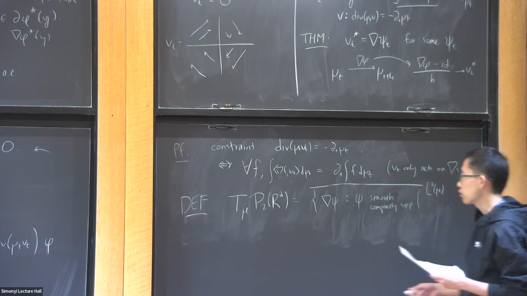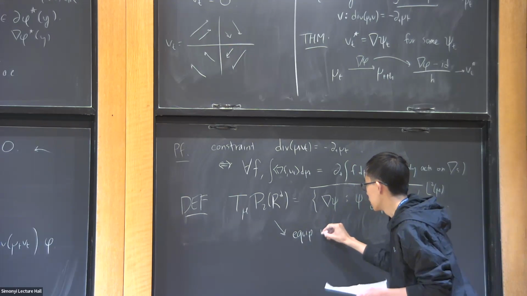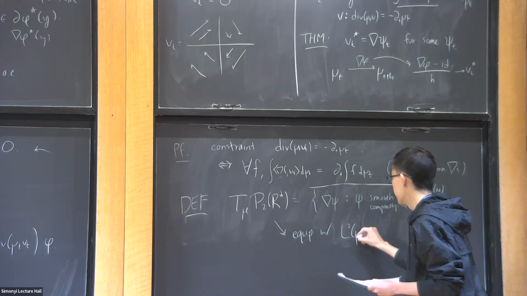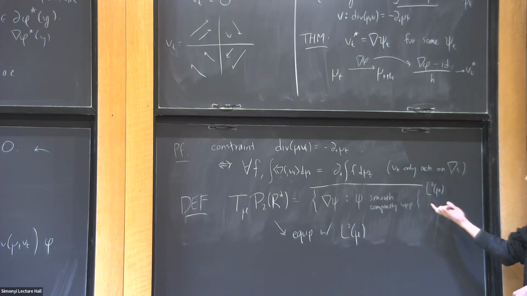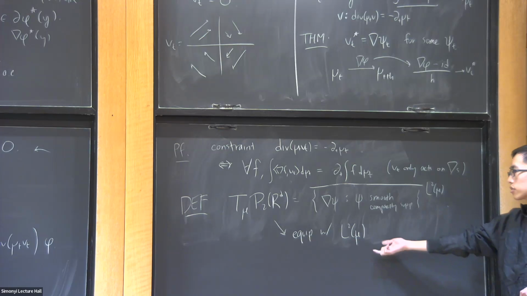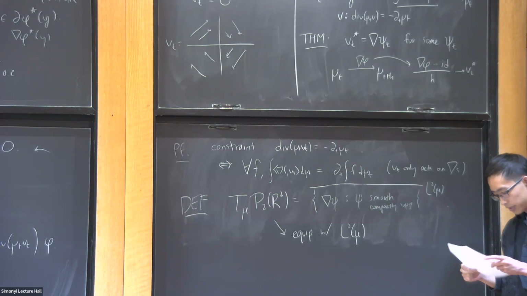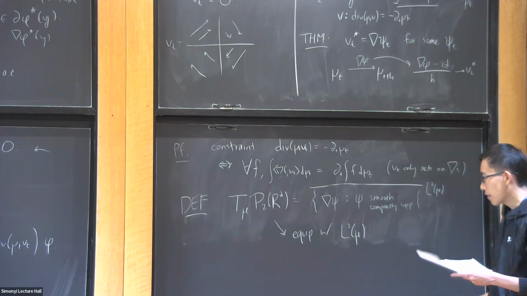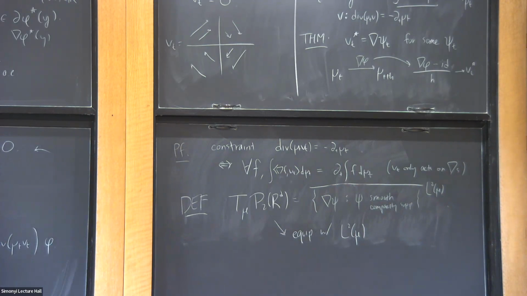And of course, we're going to equip this with the L2 mu norm. So these are the two ingredients of a Riemannian manifold: a notion of a tangent space and also a norm, which tells you how to analyze movements. Now let me identify geodesics in this space.